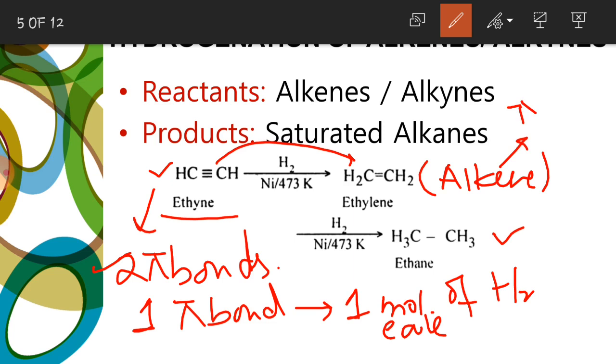So then another molecule of hydrogen will be added across that double bond, and it will ultimately get converted into an alkane, that is ethane here. So always remember that hydrogenation of alkynes involves two molecules of hydrogen. Why? Because the alkynes contain two pi bonds.